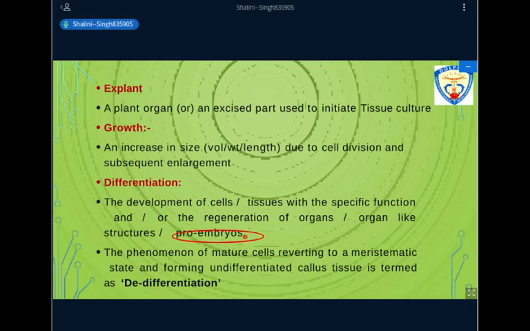So when you are sowing the seed, shoots and roots will be developing simultaneously from that seed due to the presence of the embryo. Whereas in case of tissue culture, here we are doing regeneration of organs in a systematic manner. That means first we will do the formation of shoot with the help of specific hormones. We will be discussing it later.